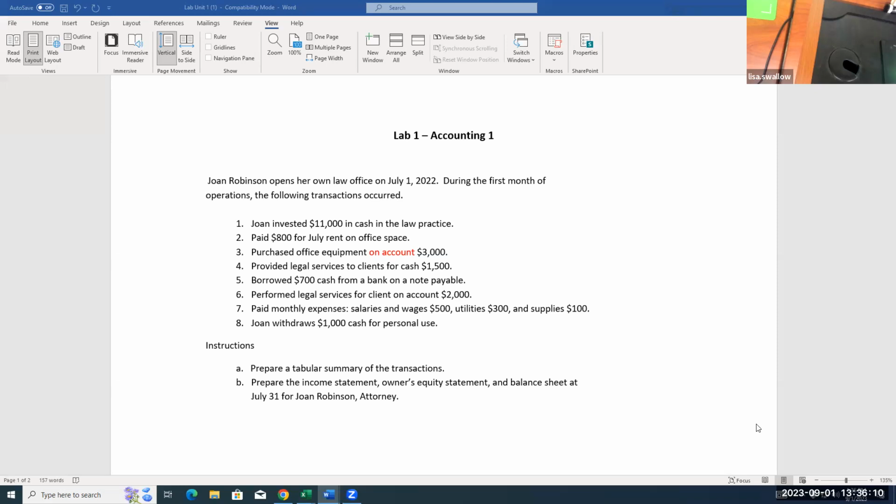Is that an accounts payable or a notes payable? It's a notes payable. You can work together, look at your accounting equation. I just came home from the bank with $700 and I signed a note. How does that impact my equation?